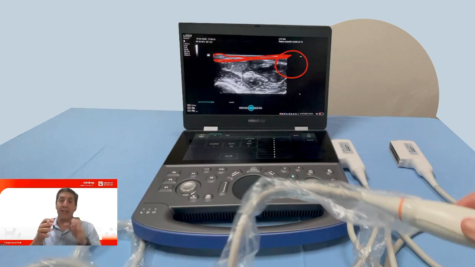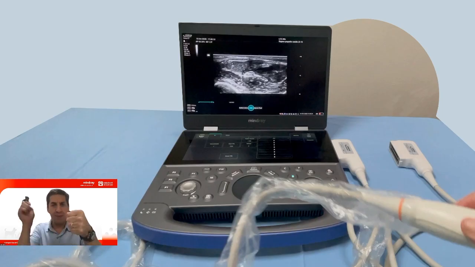However, many times we need to make blocks in a deep position, or we don't have a lot of space to set or locate our probe. So many times with the linear probe, we don't have space to enter with the needle.